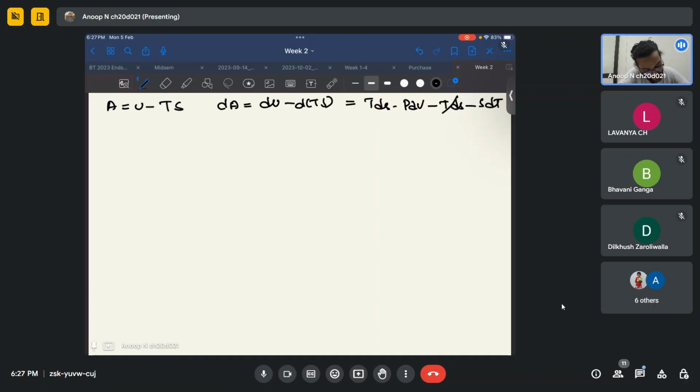So TdS cancels out, and we can write dA is equal to minus SdT minus PdV. Similarly, dG is equal to minus SdT plus VdP. Is it clear?